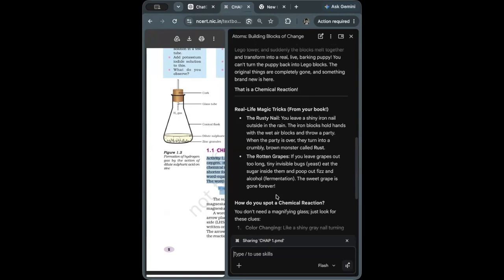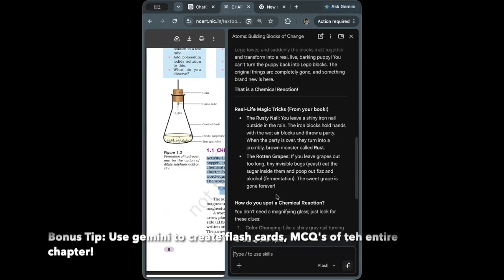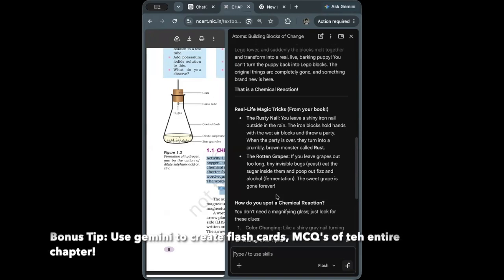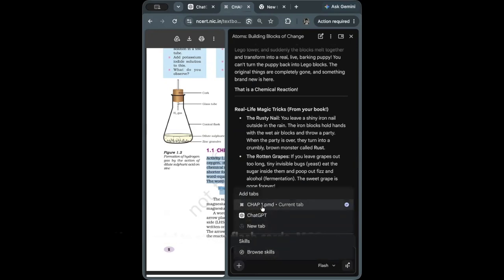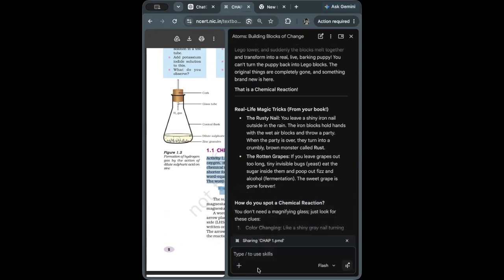Last, a bonus tip I always leave you at the end of the video. Let's say you are having trouble remembering stuff. What you can do here is, in this one, add tabs, you can have your chapter uploaded. For example, you have the entire PDF uploaded, chapter 1 of mathematics or science.